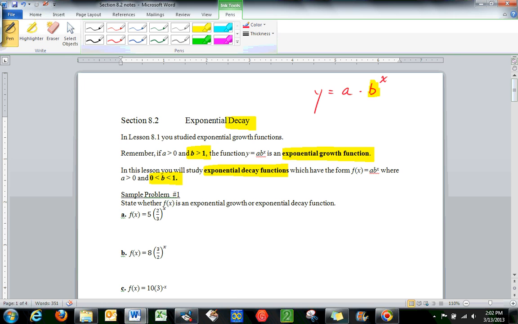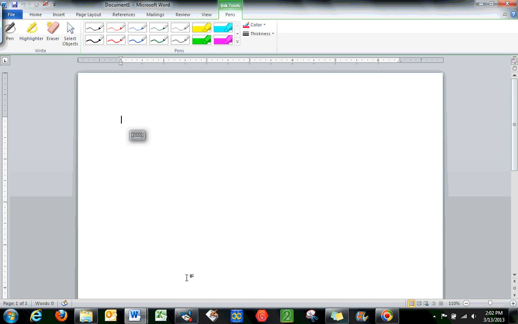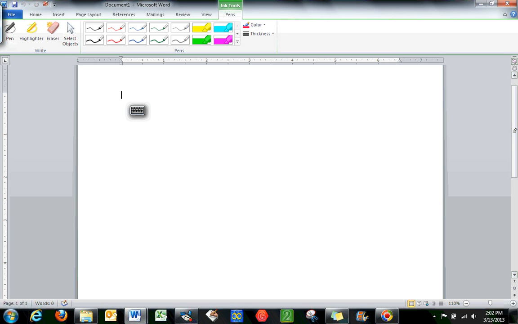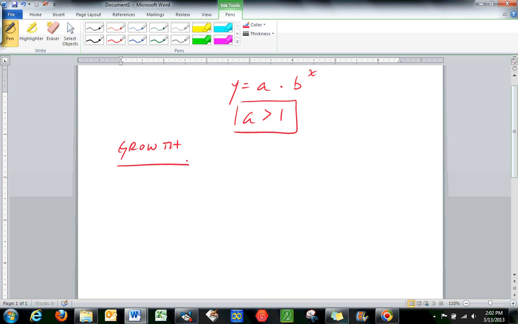So what I'd like to do is look at that a little bit closer. We can compare them, if you will. We'll say that they all have a times b to the x, and we know that a is going to be greater than 1. If we look at the growth function, we know that the b is going to be greater than 1 as well.